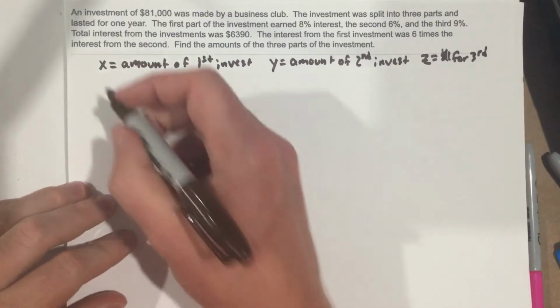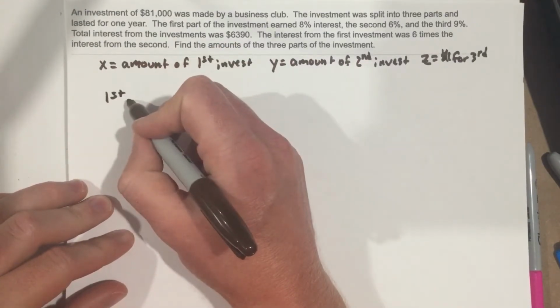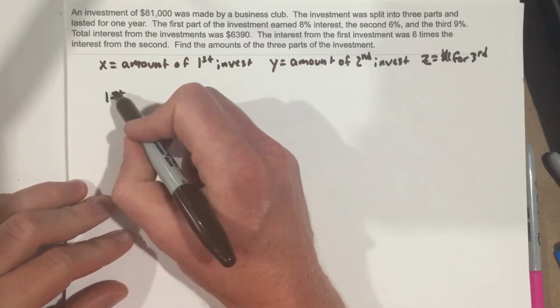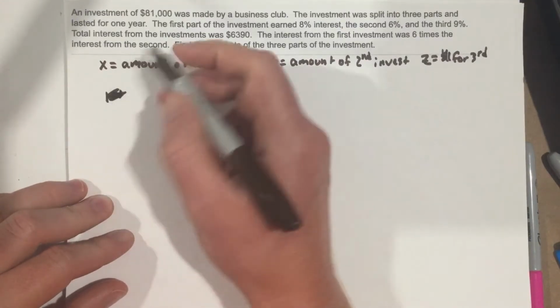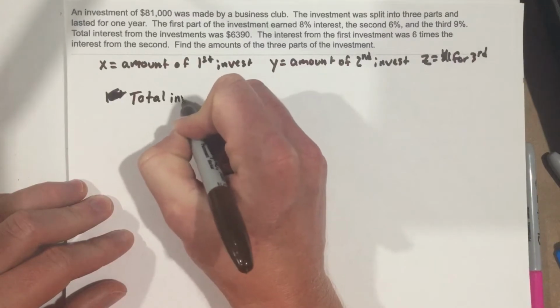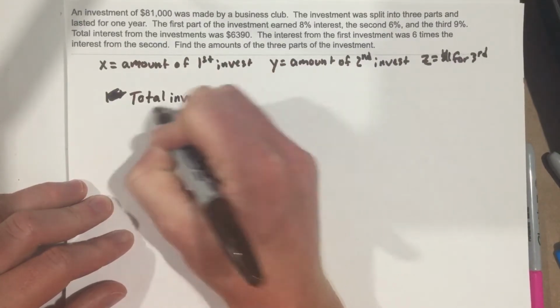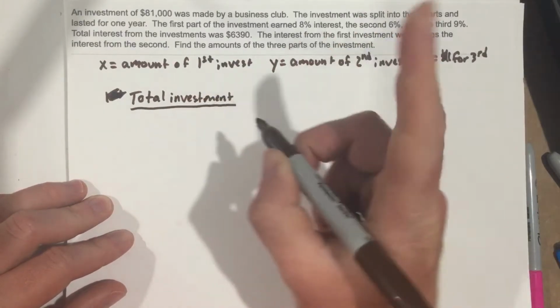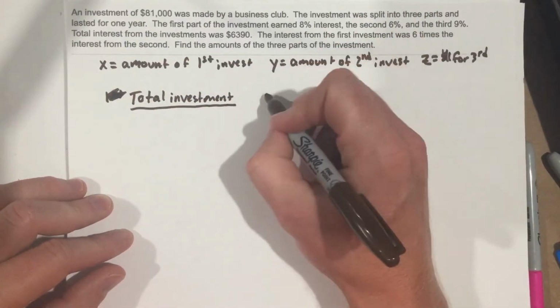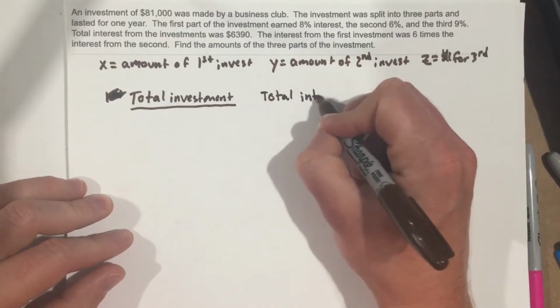We got 3 equations. So the first equation is going to stand for the total investment. The second equation is going to stand for total interest.